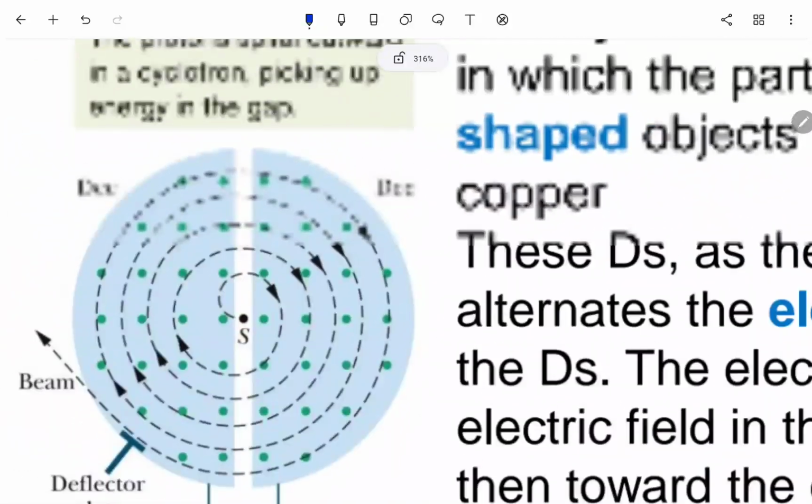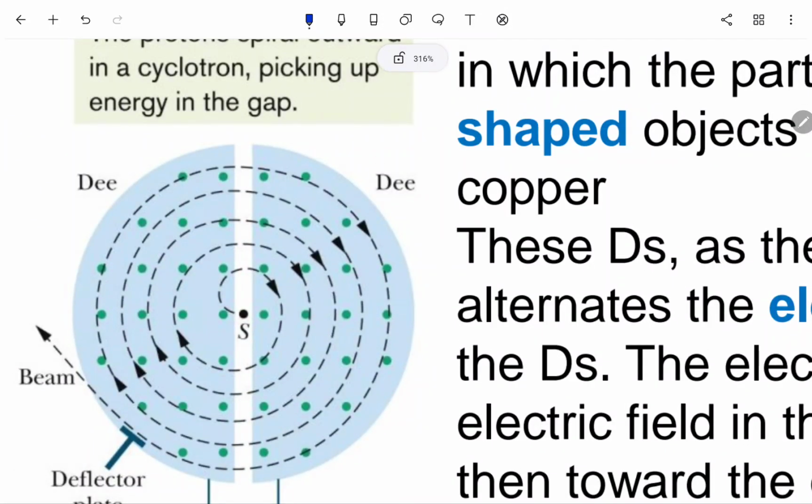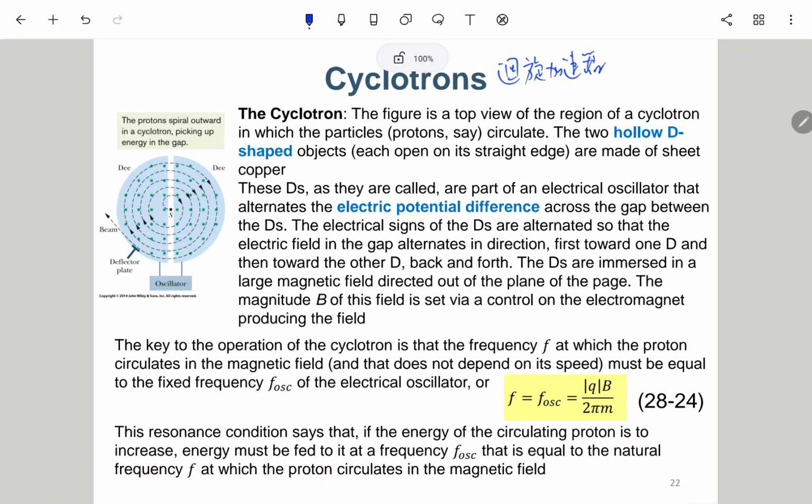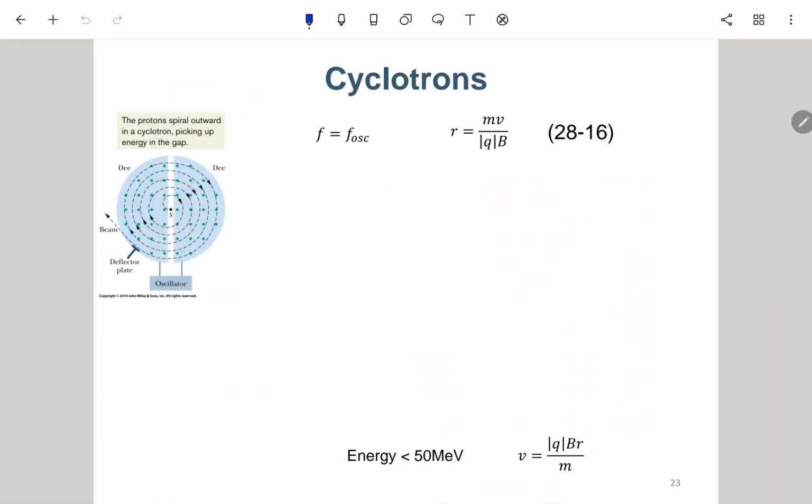As you can see here, there's a spiral line, so the particle is accelerated like this. There is quite a lot of text, but I will skip it and try to explain how it works.